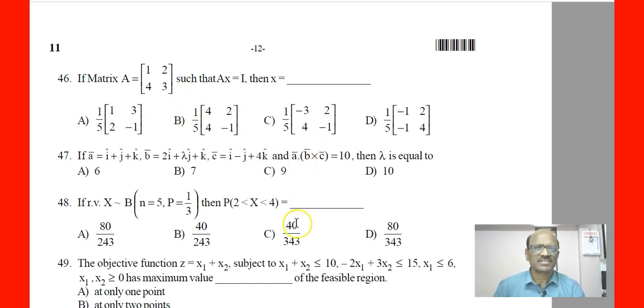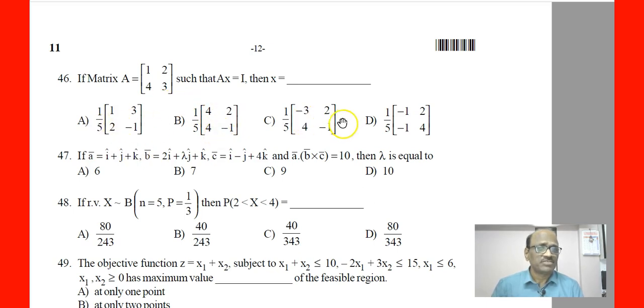A inverse is equal to 1 upon determinant of A into adjoint of A. Now find the determinant: 1 into 3, 3, minus 8, that is minus 5, so minus 1 upon 5, but here it is not minus 1 upon 5, the minus sign is operated in the matrix.